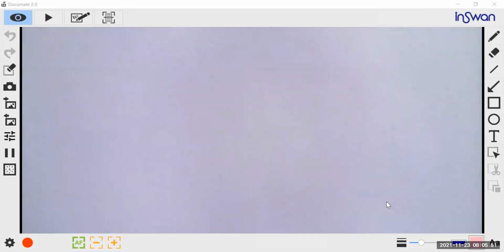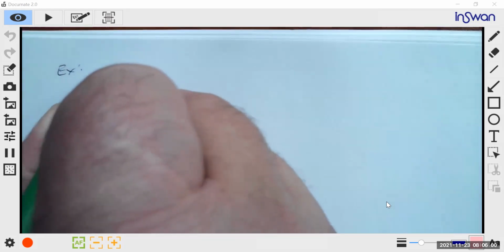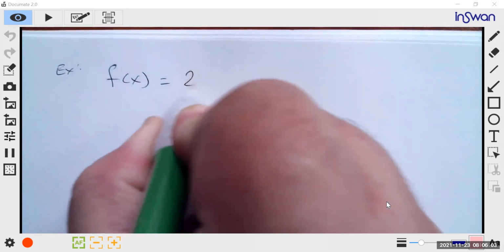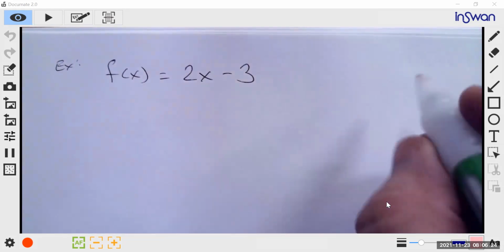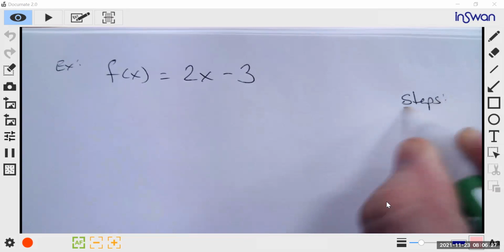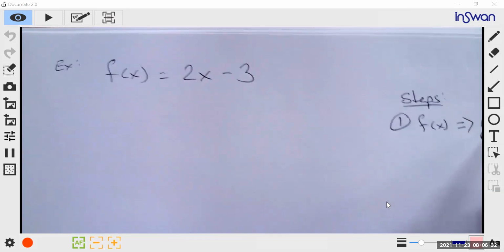Let's do an example. Find the inverse. Remember the steps. Change f of x to y.